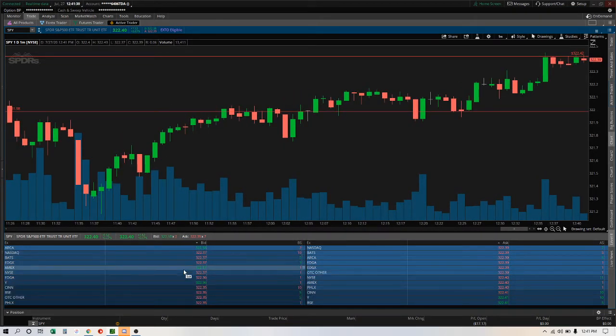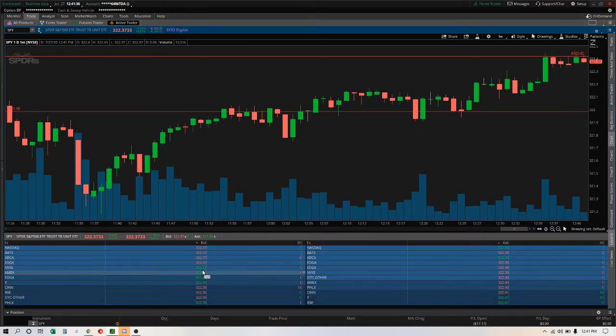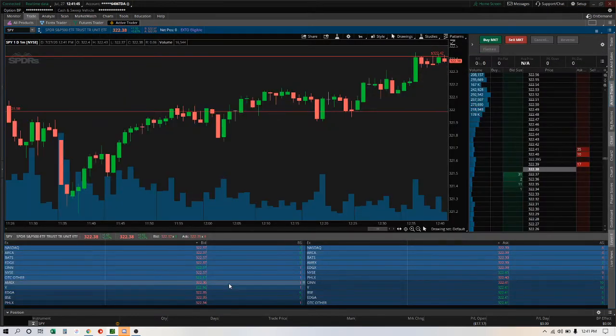The bids are over here and the ask prices are over here, and this can show you certain levels of where people are buying or selling the stock and where they are placing those orders.